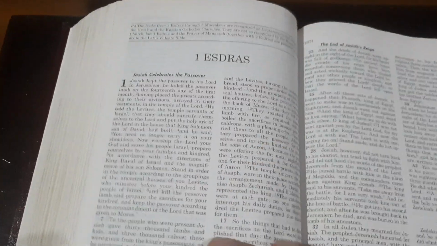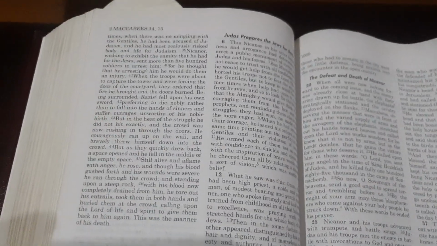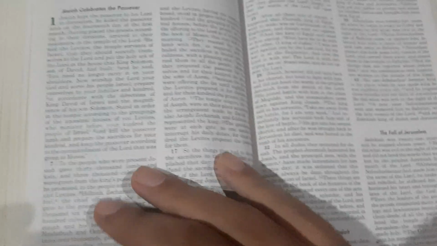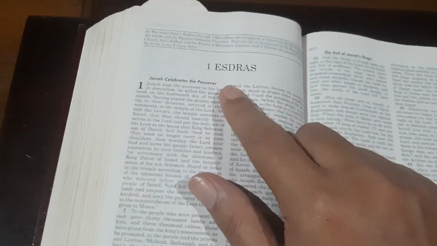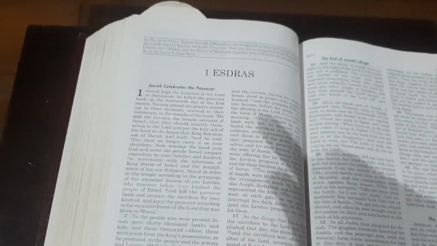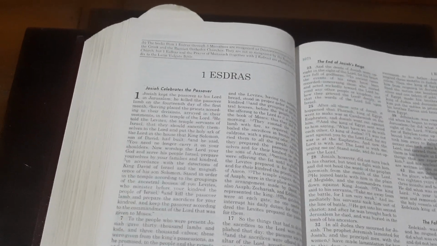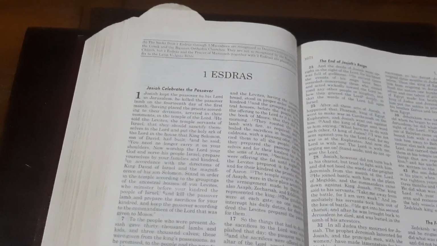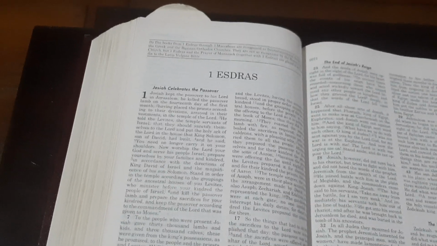And then things get interesting. This is the end of Second Maccabees, and this is First Esdras. Now, First Esdras can be called Second Esdras or Third Esdras, depending on how you count Ezra Nehemiah, as one book or two books.